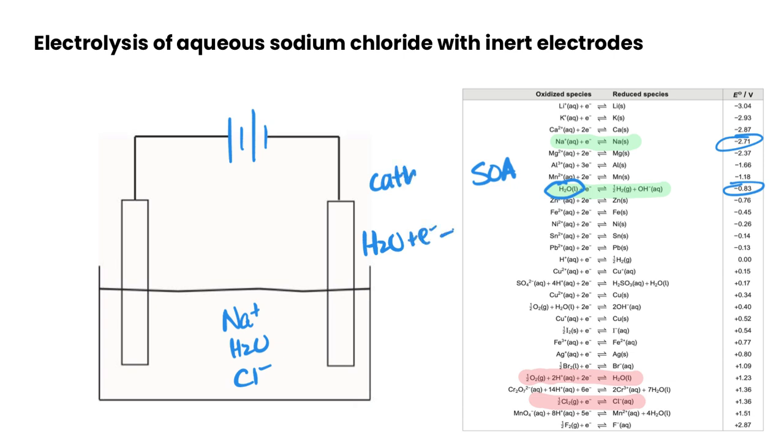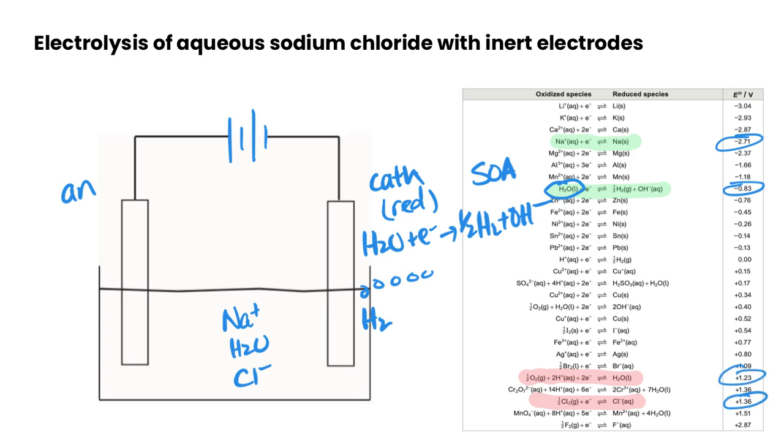We are creating hydrogen gas at the cathode. Okay, so that's reduction happening there. You would see little bubbles of hydrogen gas coming off of this electrode. For the anode, it's a little bit trickier because the E0 values are so close together.